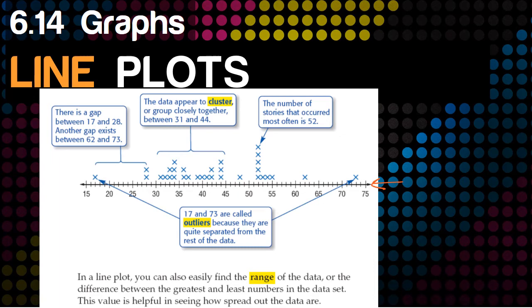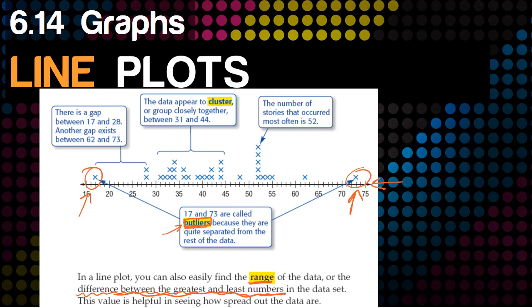The very first one is outliers. The outliers are the ones that are on the far left and the far right. You want to try to highlight somehow the word outliers there. We can also figure out the range of our data. That's the difference, underline that, between the greatest and least number.